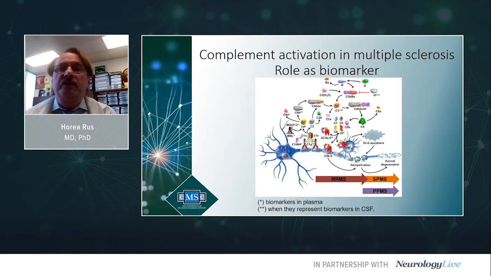I'm going to switch gears now and talk about complement activation in multiple sclerosis and its role as a biomarker for disease activity, disease stage, subtypes, and also response to therapy.